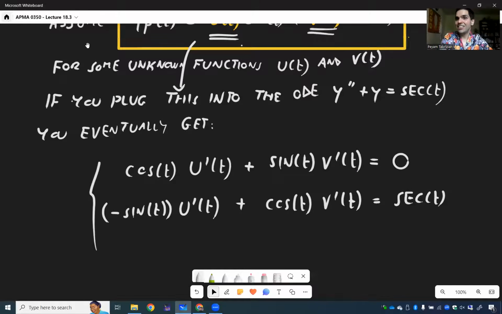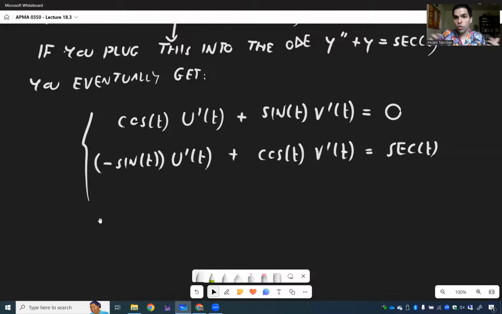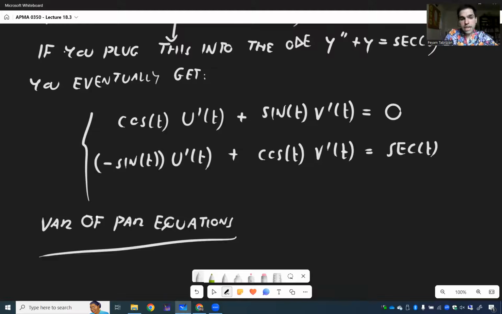Okay, now this will be derived in another video, so now just take it by faith and see what we can do with this. Now you may wonder, what in the world does that have to do with Cramer's rule and the Wronskian? Well, notice you can actually rewrite this in matrix form, and what you get is the famous var of par equations, namely the following.